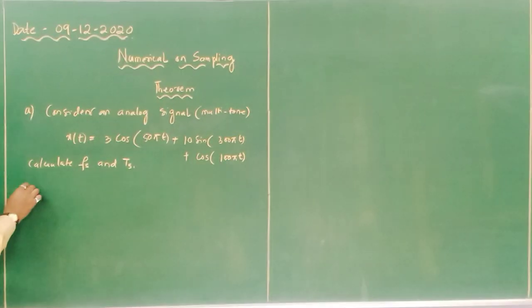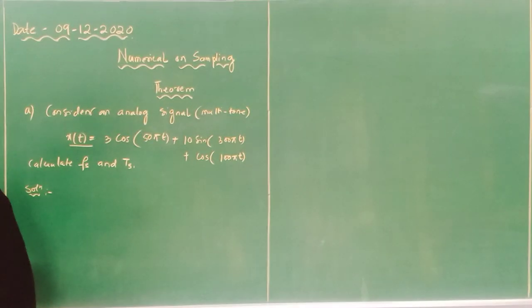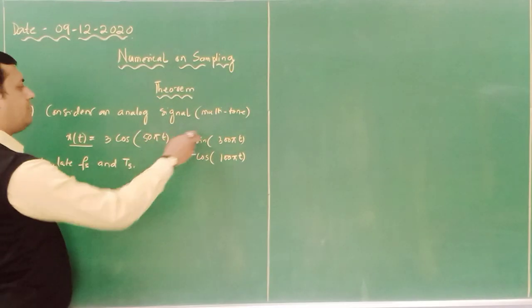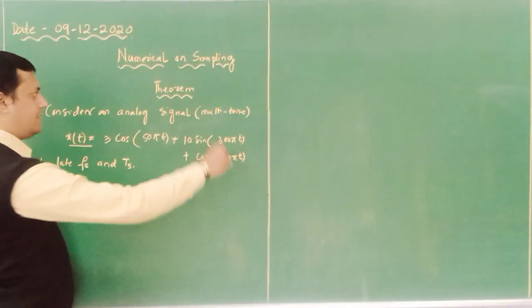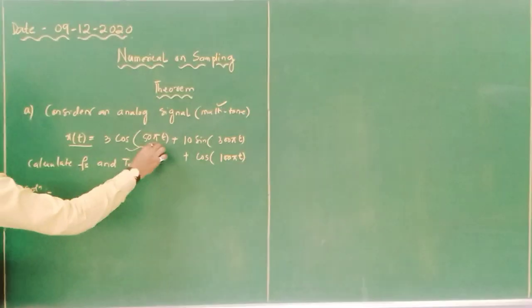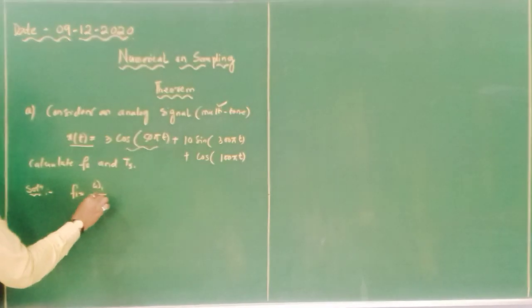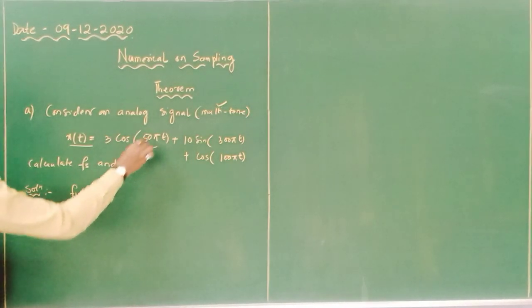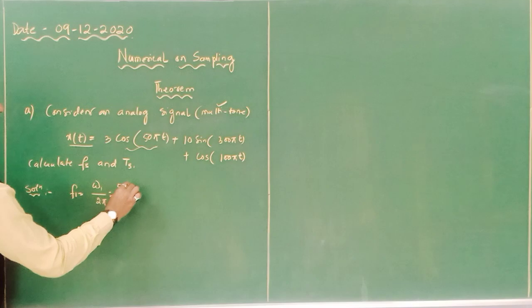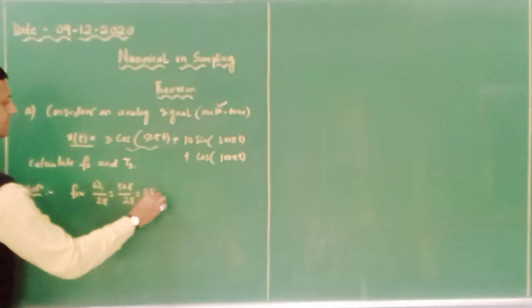Okay, now how to identify this? So first of all, we have to see what sort of modulating signal it is, or message signal. It consists of more than one frequency. That means it satisfies multi-tone. So from the first part, I can determine F1 equals omega 1 divided by 2 pi. Omega 1 is 50 pi divided by 2 pi, that is 25 hertz.